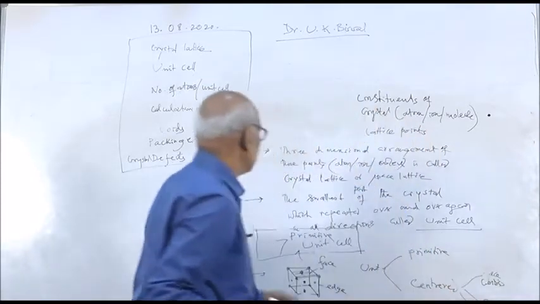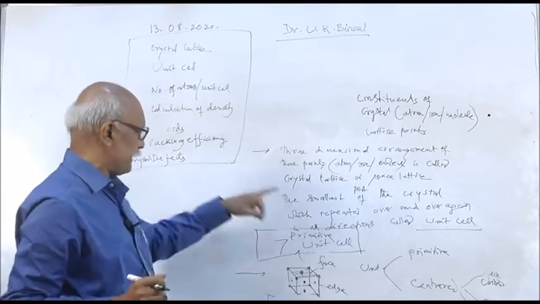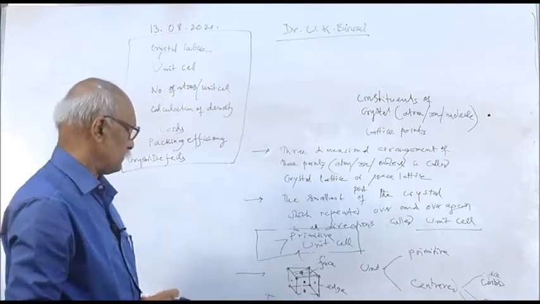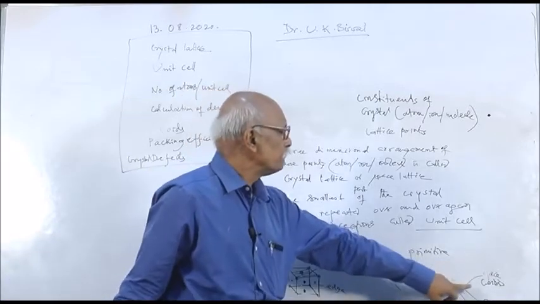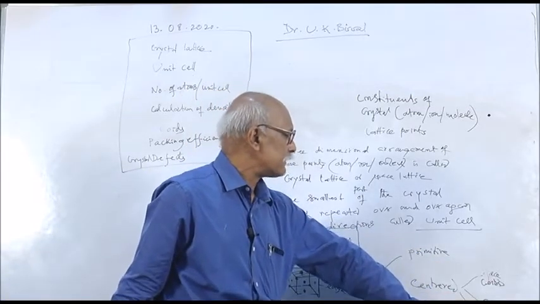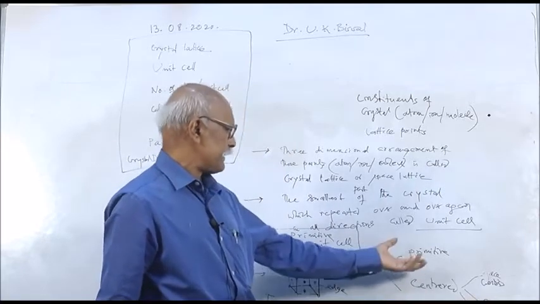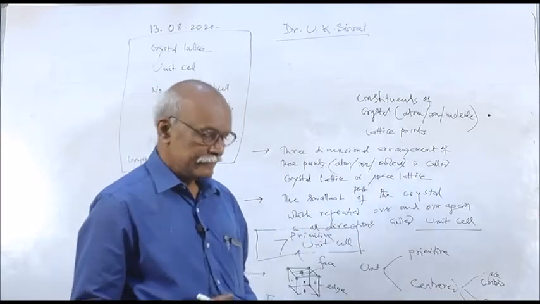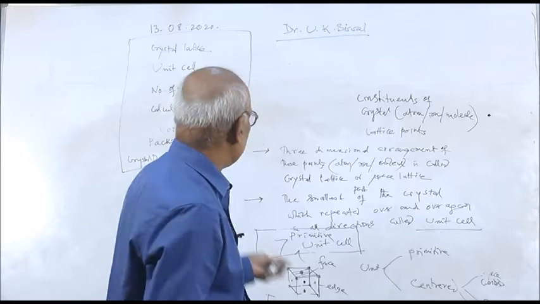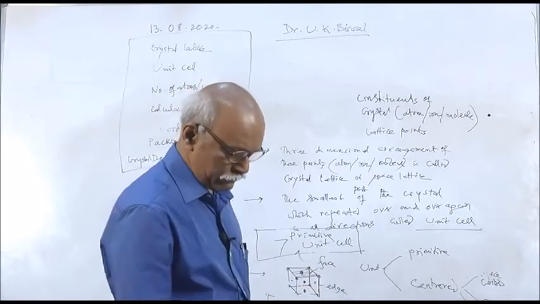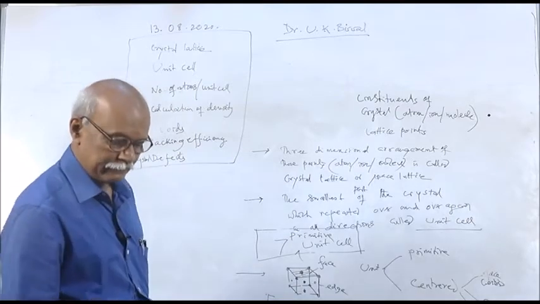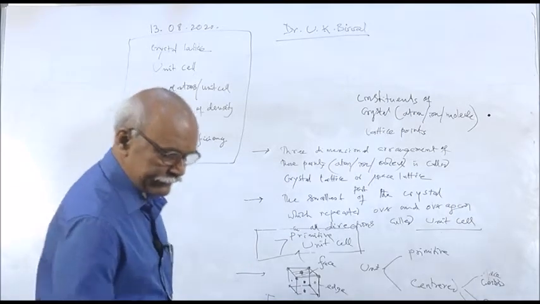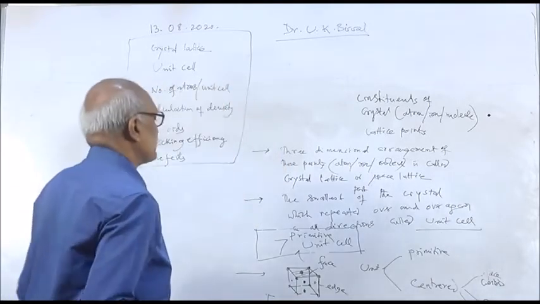Out of the 7, there are certain unit cells which can be converted into face centered, body centered, end centered, but most of them are present as primitive cells. Cubic can also be converted into face centered and body centered: body centered cubic, face centered cubic, different classifications there.